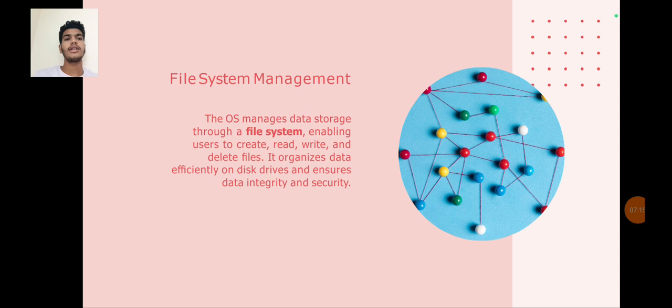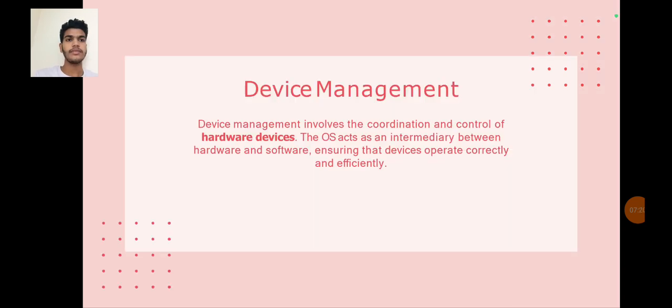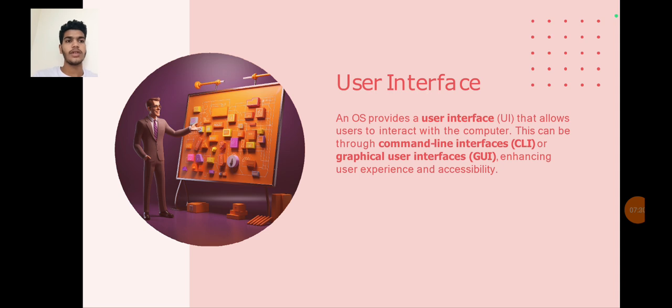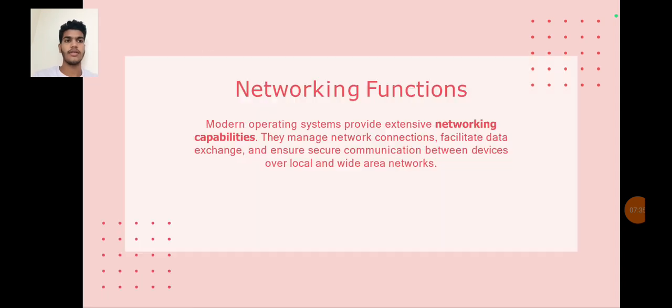File system management manages data storage through a file system. Device management involves the coordination and control of hardware devices. And the user interface allows users to interact with the computer.